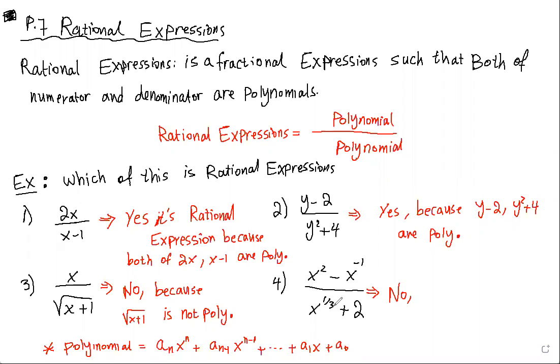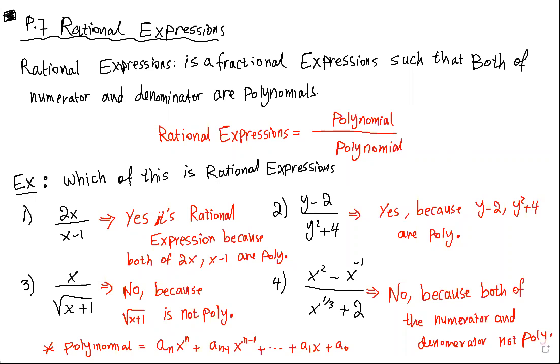In the denominator, the same thing: the exponent of x is 1 over 3, which is not a natural number, it is a rational number. So this expression is not a polynomial. So the answer is no, because both the numerator and denominator are not polynomials.